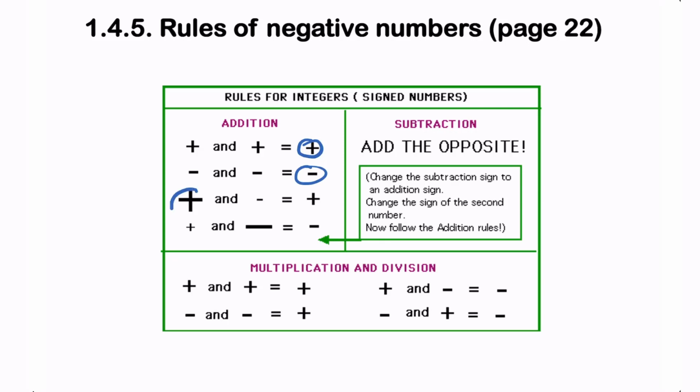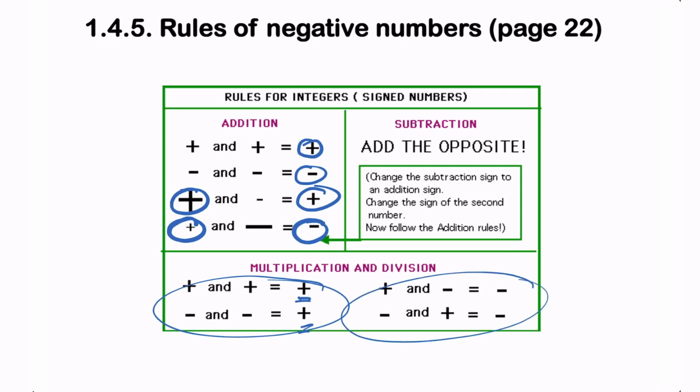When you add a positive and a negative, the sign depends on which is larger. And for multiplication and division, when the integers are the same, it's always a positive, and when they are different, it is always a negative.